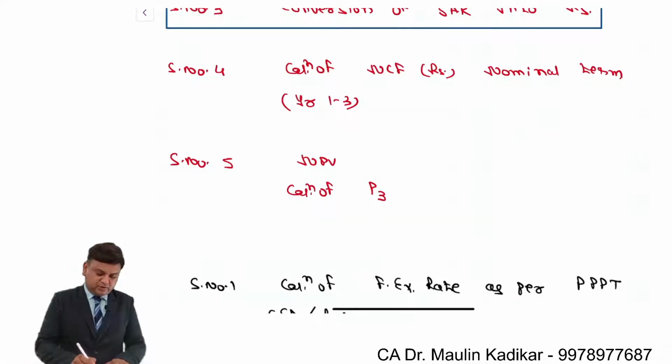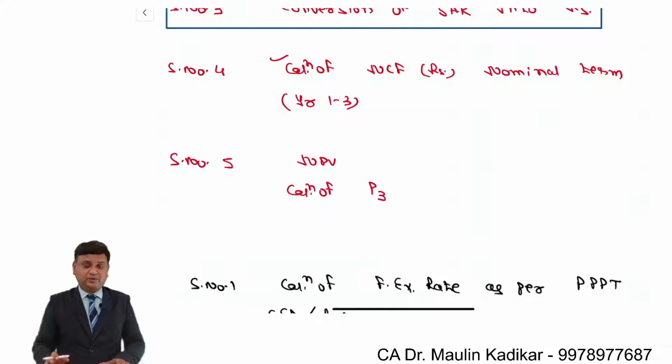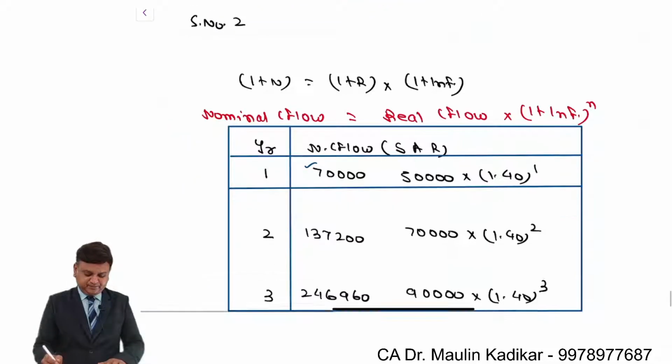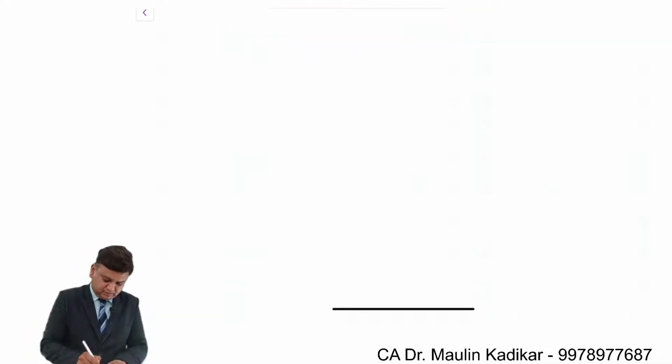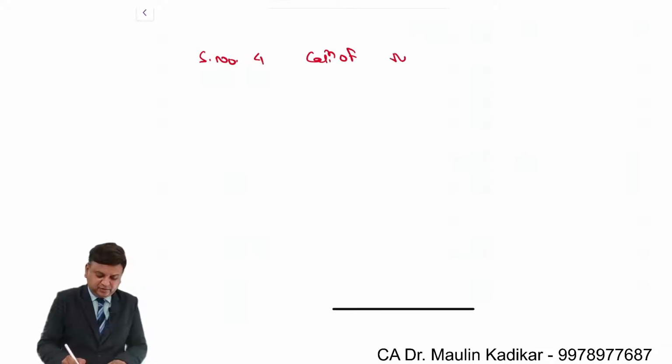Now step number 4, in my opinion, is very important: calculation of the cash flows in nominal terms. Let us see how we can make the calculation. Step number 4, calculation of net cash flow in nominal term, in rupees term.